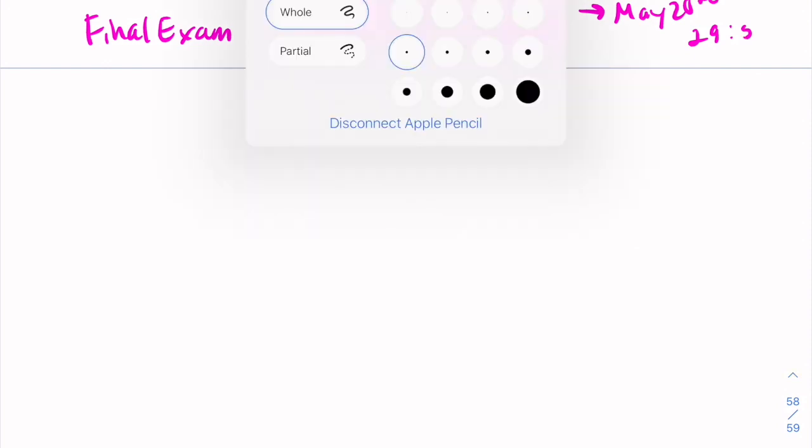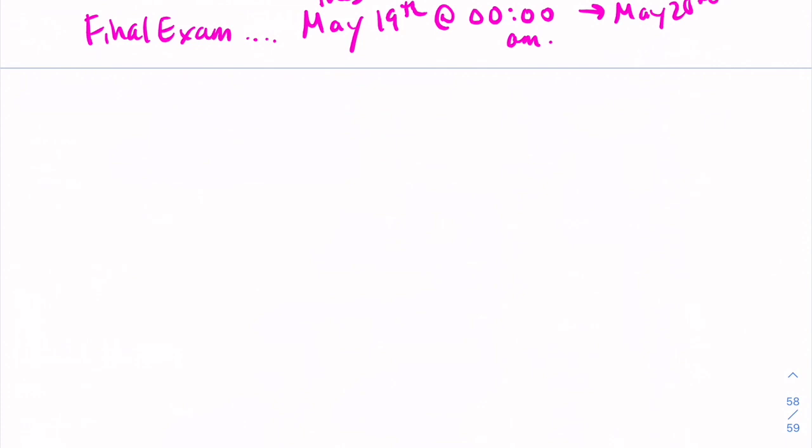How am I giving ourselves extra days and extra hours in the day? At 23:59 p.m. That is 1 minute till midnight. So you have all day on the 19th and all day on the 20th to take the exam on Moodle.